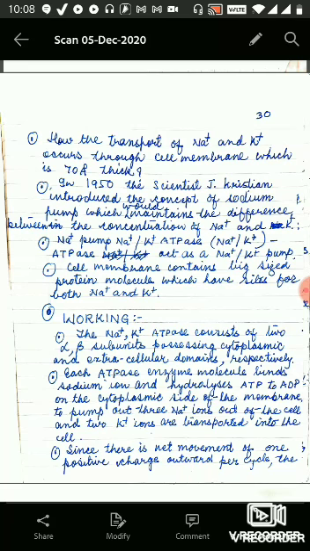Sodium pump, sodium potassium ATPase, sodium plus potassium dependent ATPase acts as a sodium potassium pump. The cell membrane contains a big protein molecule which has sites for both sodium and potassium.